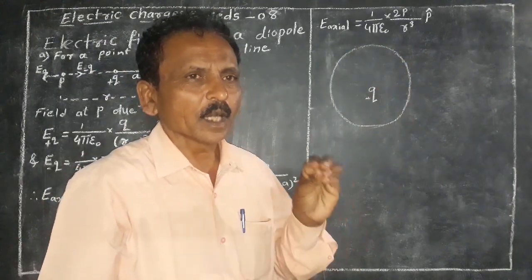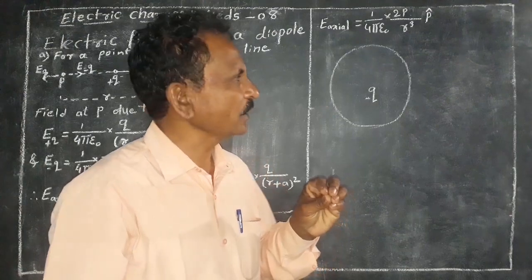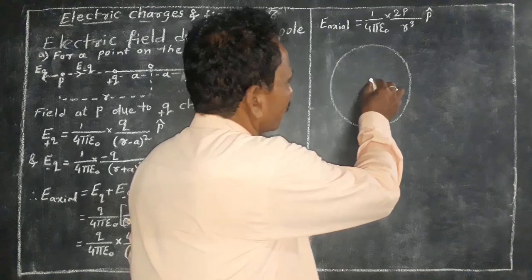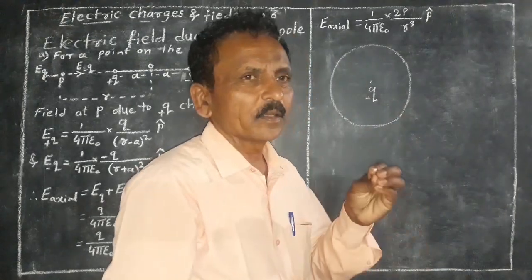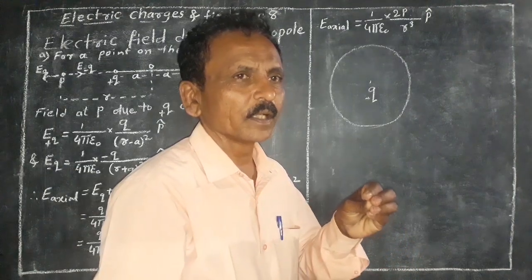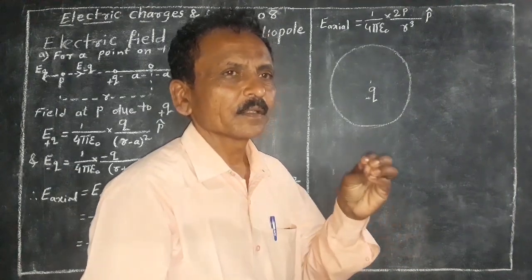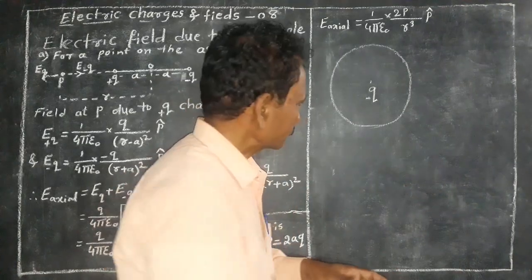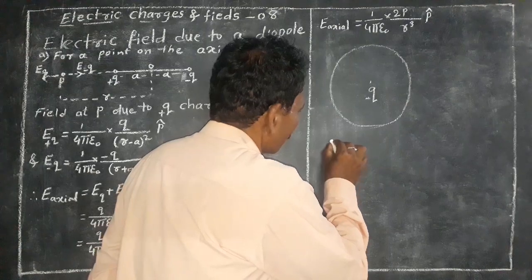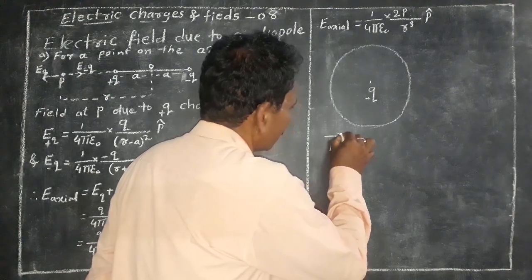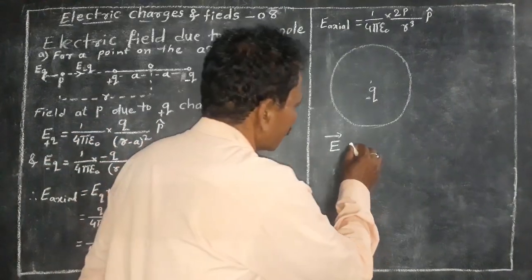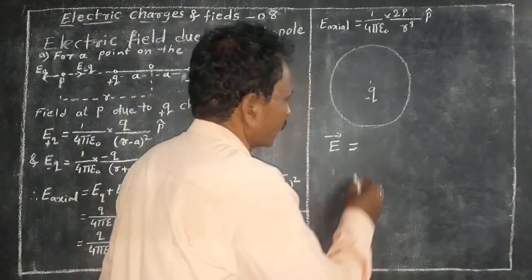The amount of force experienced by a test charge in an electric field is called the strength of the electric field, or electric intensity, or simply electric field. It is denoted by E. It is a vector quantity since force is a vector quantity.